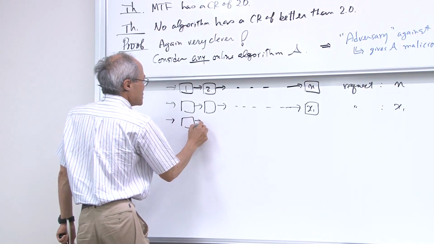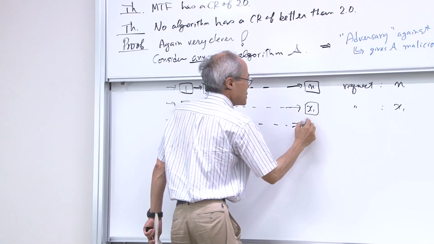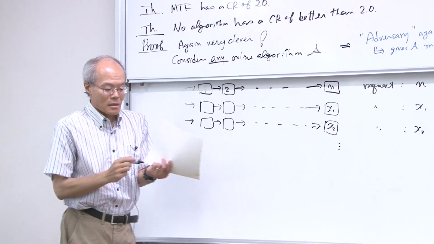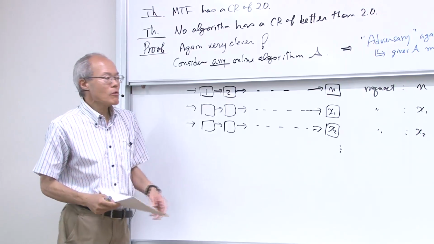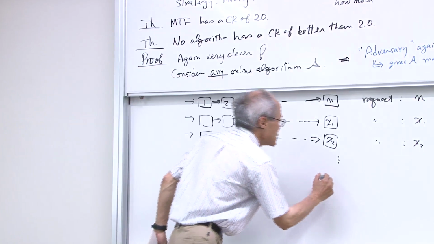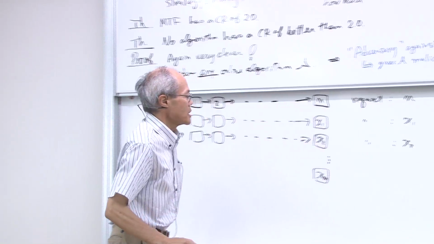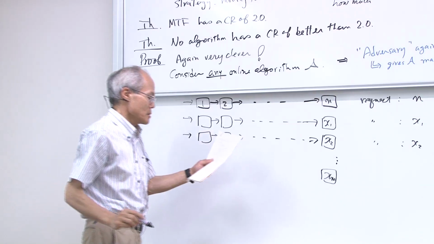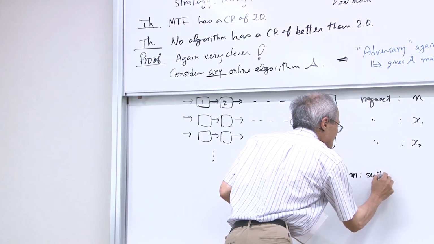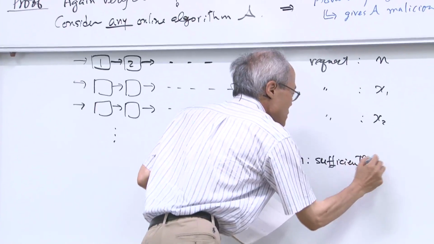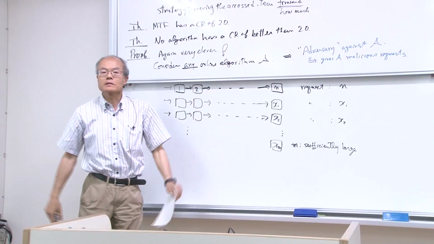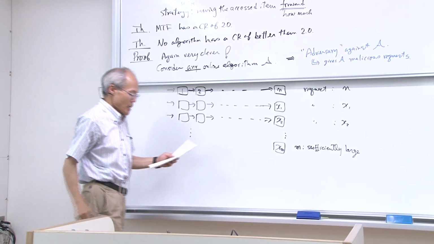So the adversary's request is always the last item, the final item, up to xm. And assume that m is sufficiently large, so we consider a long sequence of requests.